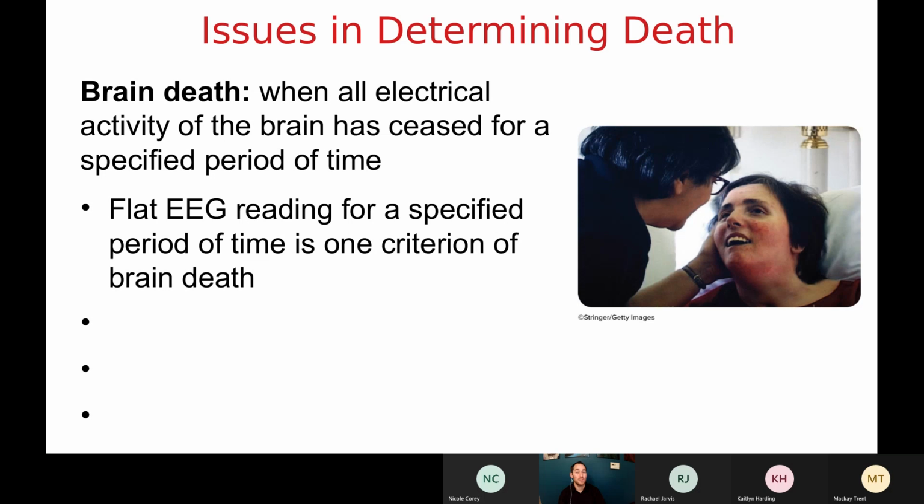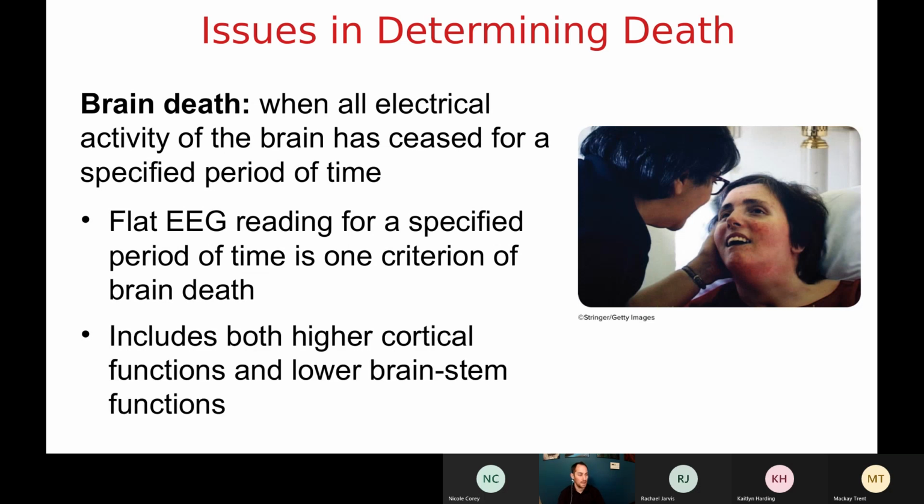So essentially what this would be is, if you're monitoring someone's brain activity, they would have a flat EEG for a specified amount of time. So that is currently a major criterion for brain death.